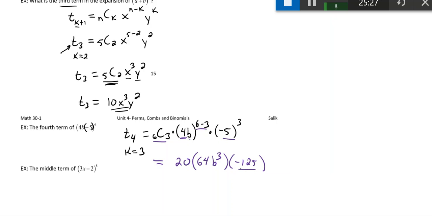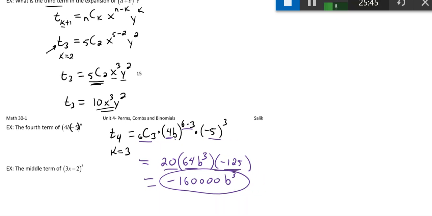Then multiplying all my numbers together out front, we end up getting negative 160,000 b to the power of 3. Okay, so that'd be it.